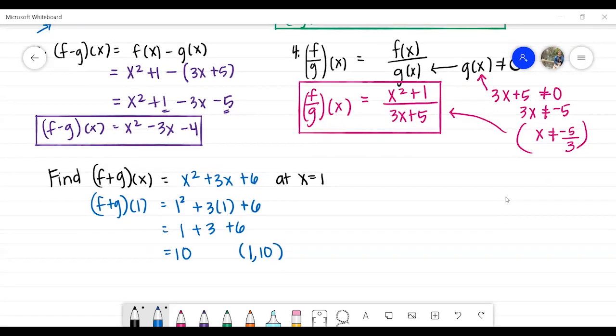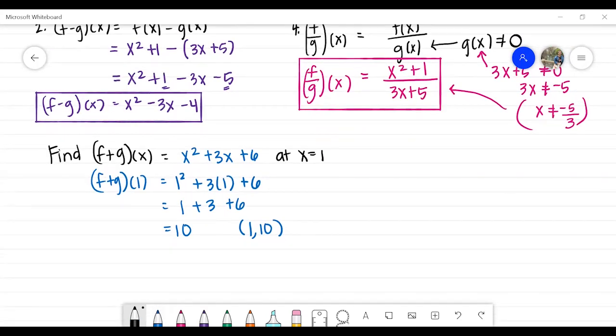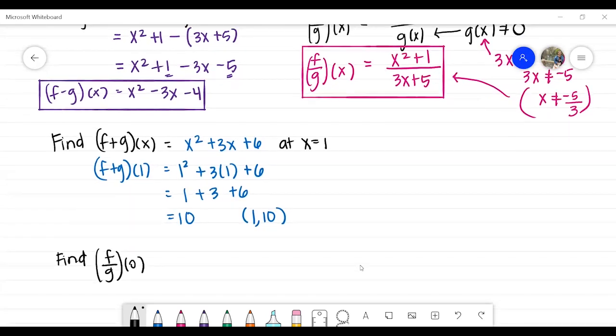And we could do this for any of our functions. We could say find f, let's do over g of 0, right? Well, as long as we have that function, we have it right here, we can plug 0 in, right? So this is 0 squared plus 1 over 3 times 0 plus 5.